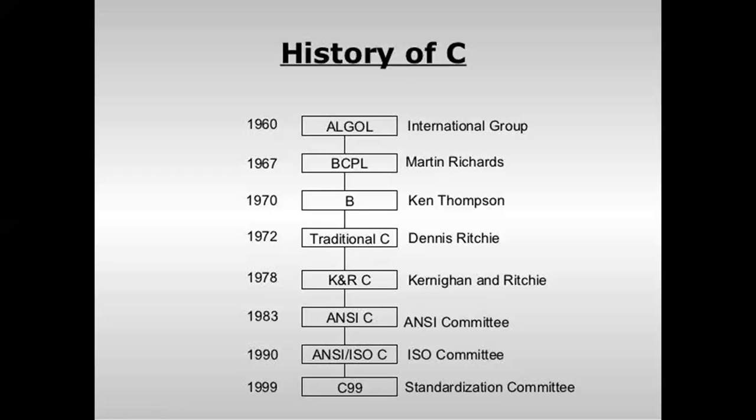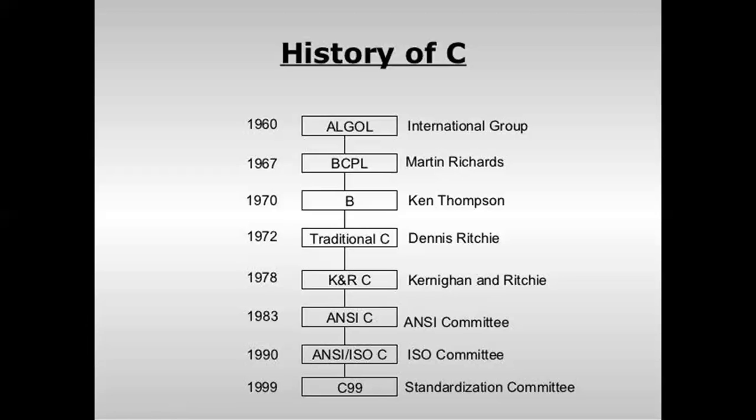And then in the year 1990, the ANSI and ISO committee developed it again into a new one. And last, it came into this world in the year 1999. It is known as C99, which was developed by the Standardization Committee. So this is about the history of C language.